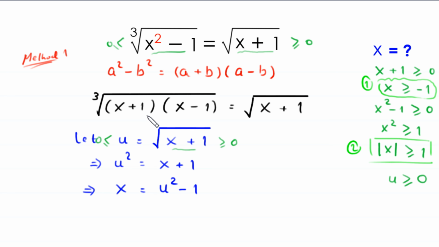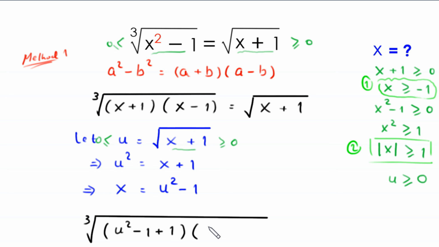So this equation will become cube root of, in place of x we write u squared minus 1 plus this 1 times, again in place of this x we write u squared minus 1 minus this 1 equal to u.